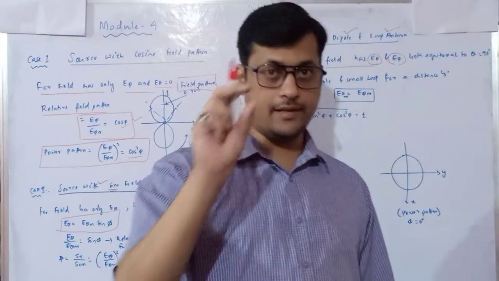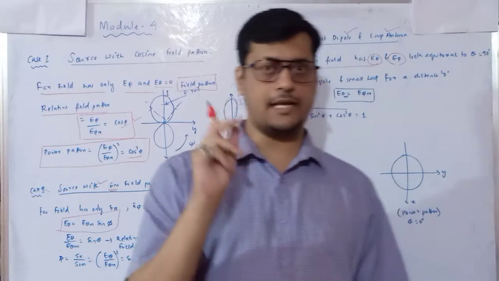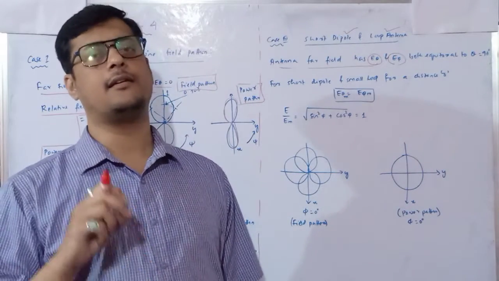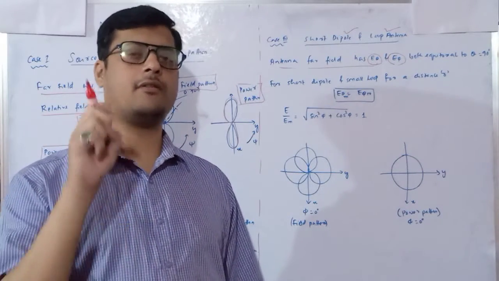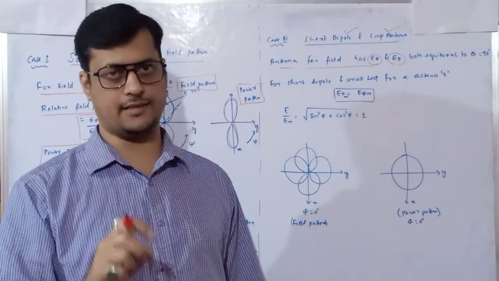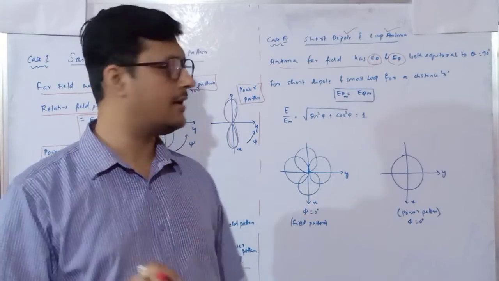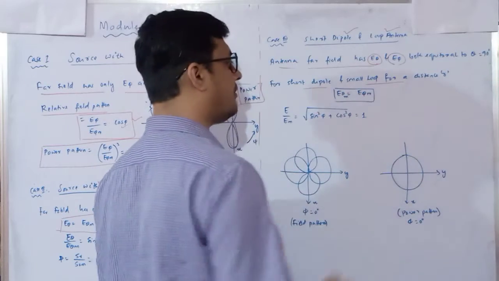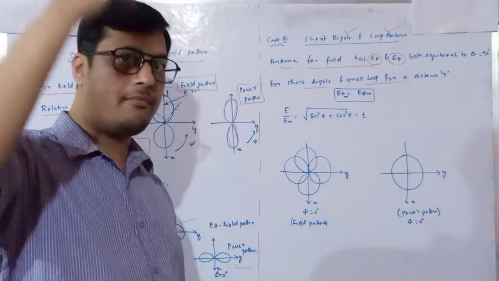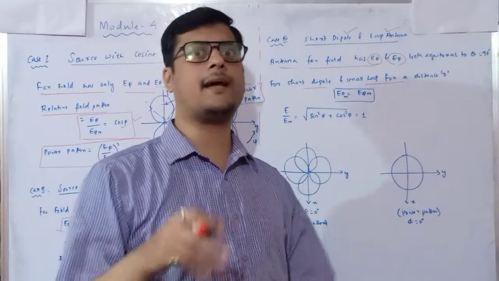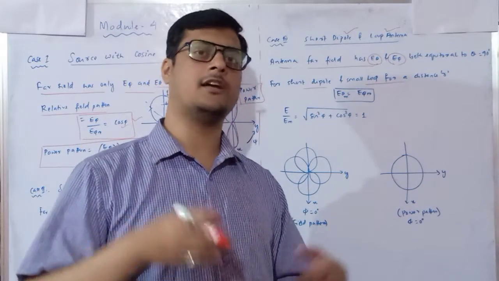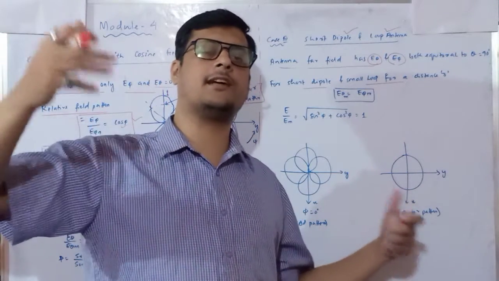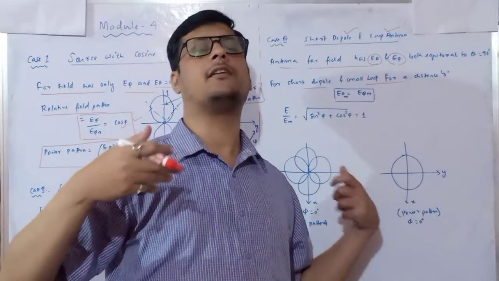But if it has a certain dimension, a certain length, then the E theta and E phi components will definitely exist. Okay. So for the short dipole or the small loop antenna at the far field distance, your magnitude will become equal, because as distance increases, electric field intensity deteriorates.